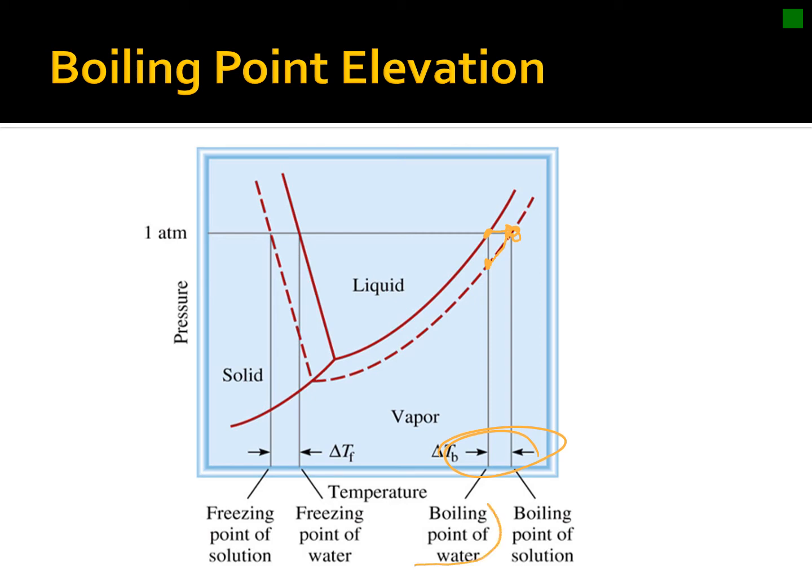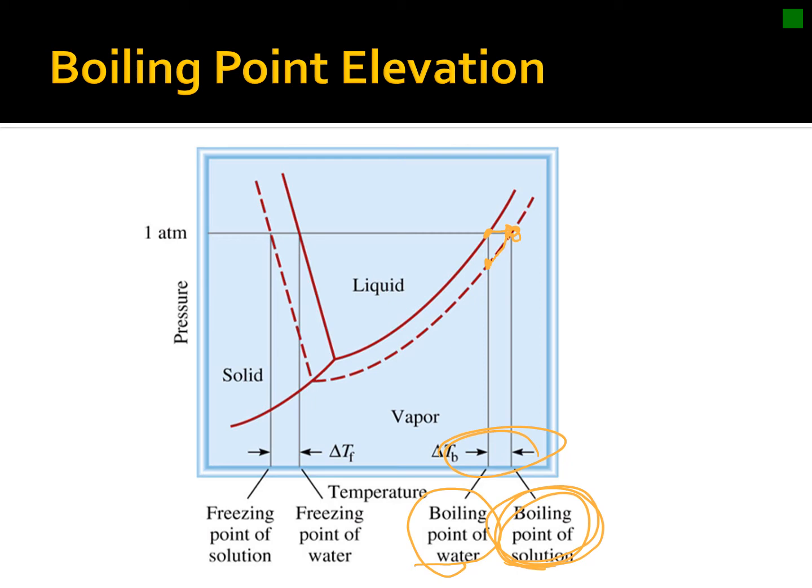So the boiling point of pure water is lower than the boiling point of a solution with something dissolved in it. If I'm comparing salt water to pure water, my salt water, because it is a non-volatile solute, will actually be higher than the boiling point of water.